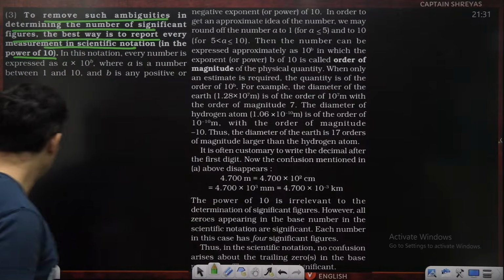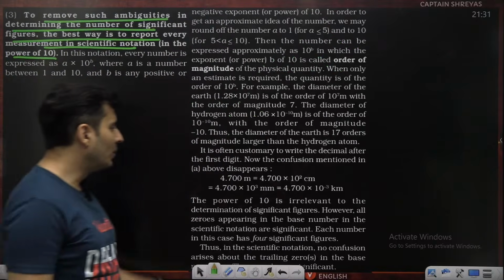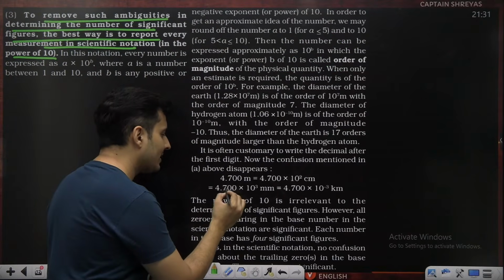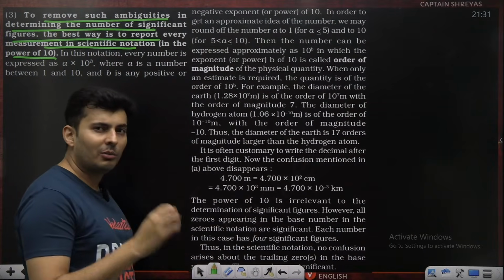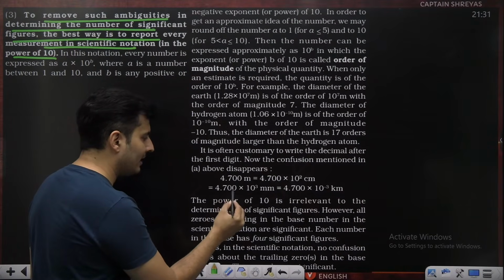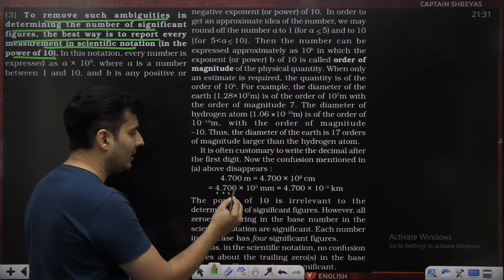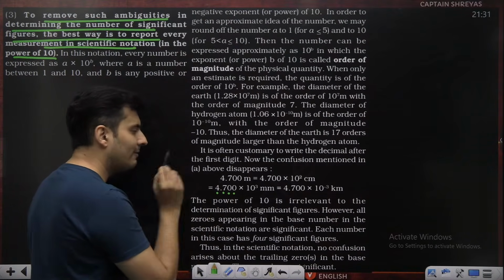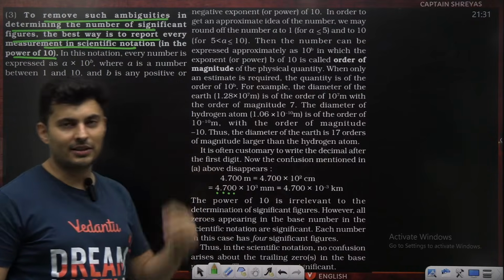Now this millimeters issue, what you do is write it as 4.700 into 10 to the power 3 millimeters. The moment you write it like that, because these two zeros are after the decimal, automatically they get counted as significant figures. So one will be 100% sure it has four significant figures.